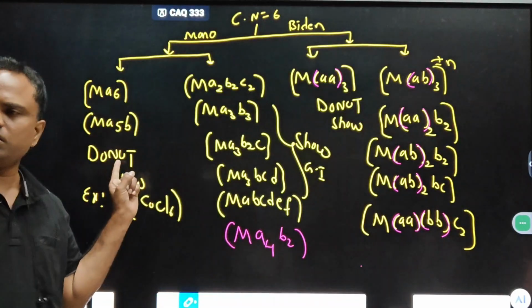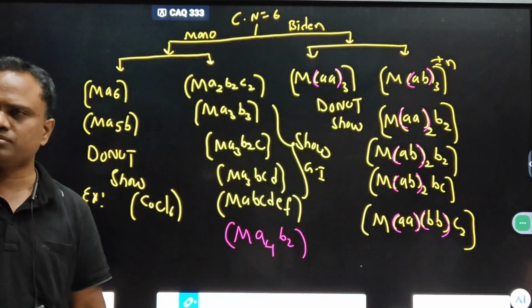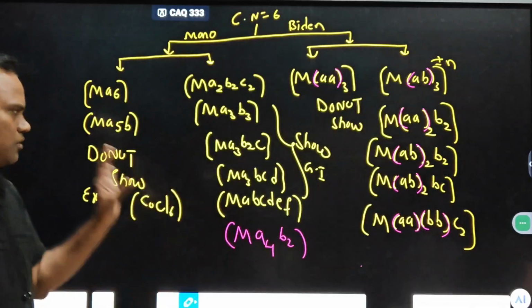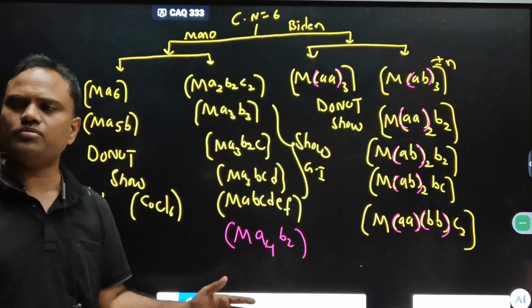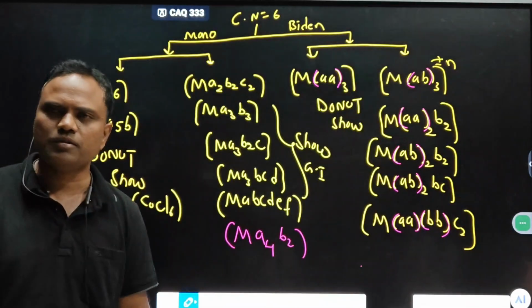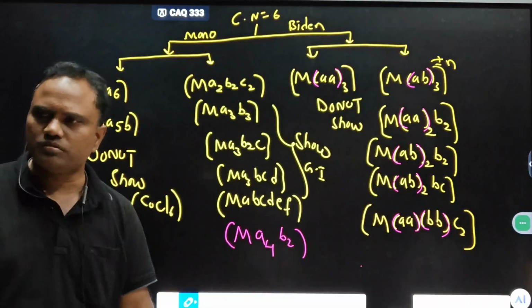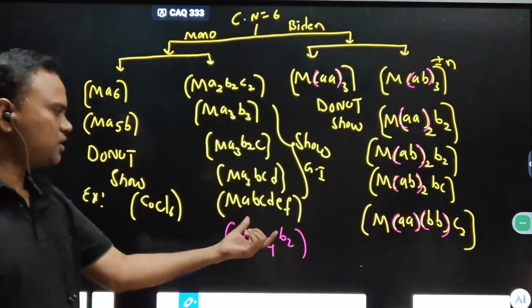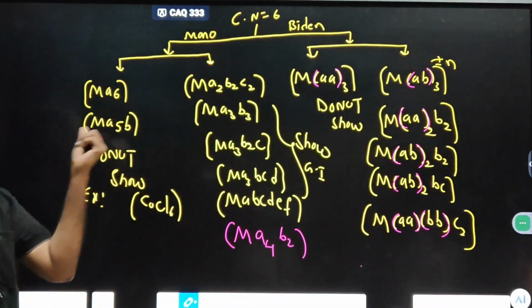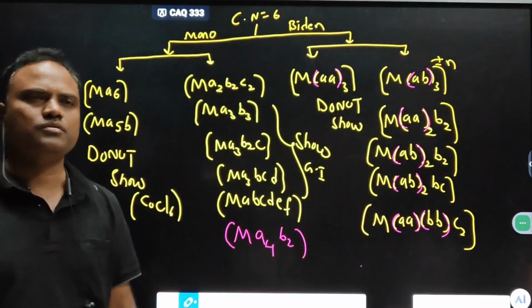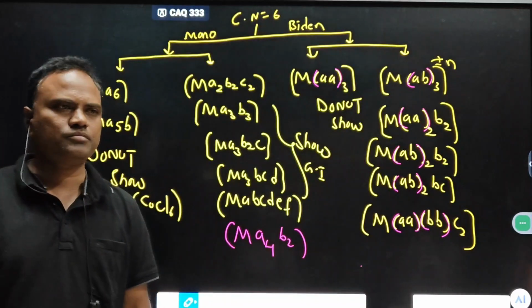Is this form present here? No. So shows. What I am saying, remember this. If you get other forms, that will show. Right? MA4BC. Yes. Because MA4BC is not here. So it will show, other forms, other formats. Got it?